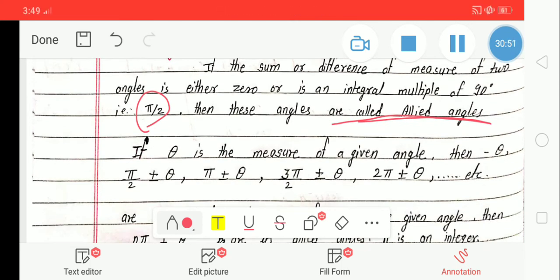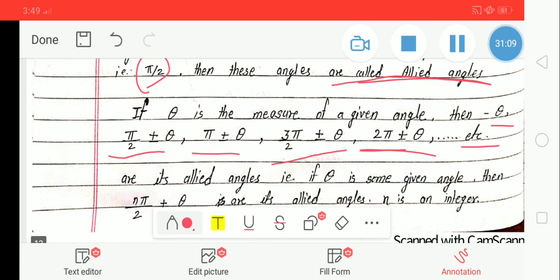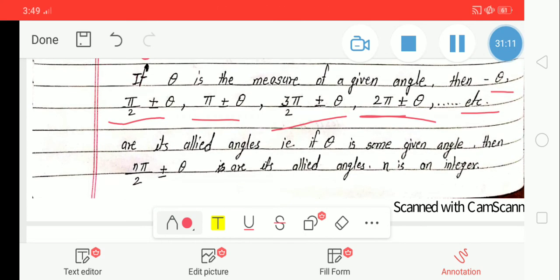If theta is the measure of a given angle, then minus theta, pi by 2 plus minus theta, pi plus minus theta, 3 pi by 2 plus minus theta, 2 pi plus minus theta, and so on, are its allied angles.